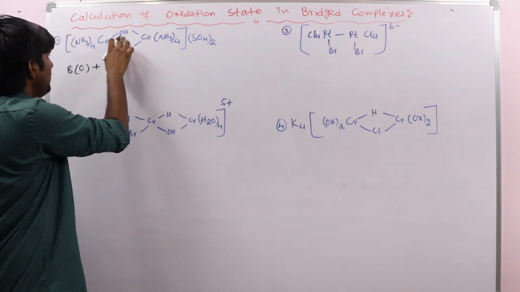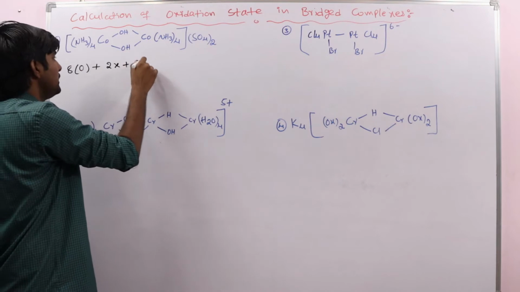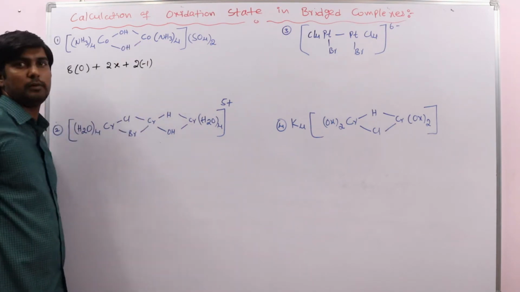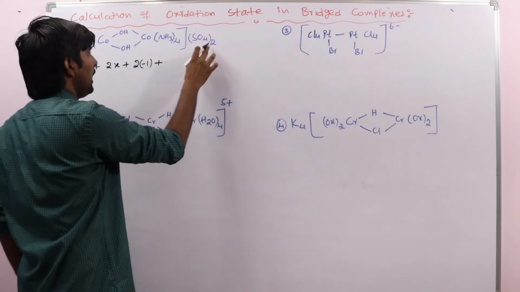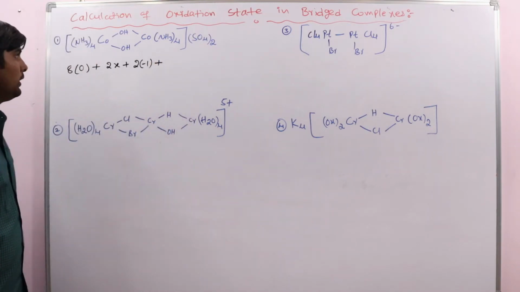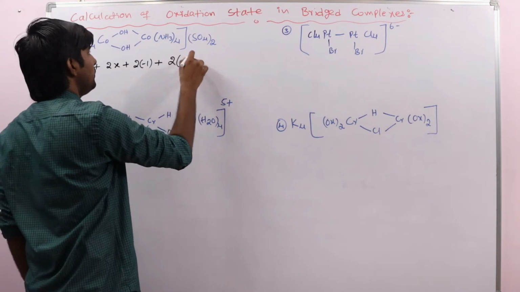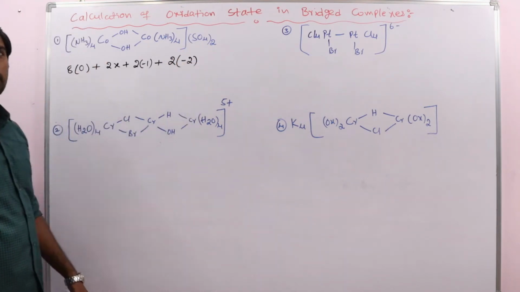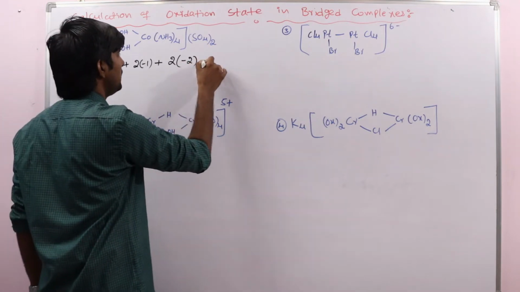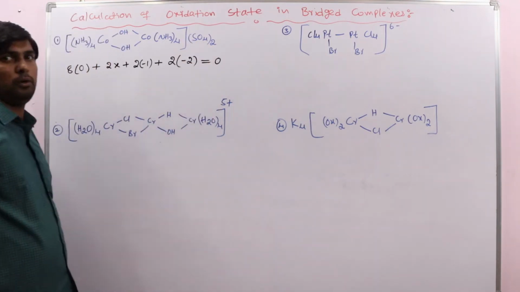Plus, we have two bridged ligands, so each bridged ligand carries -1 charge, hydroxo. Plus we have two counter ions, so 2 into sulfato, which carries -2 charge, is equal to 0.